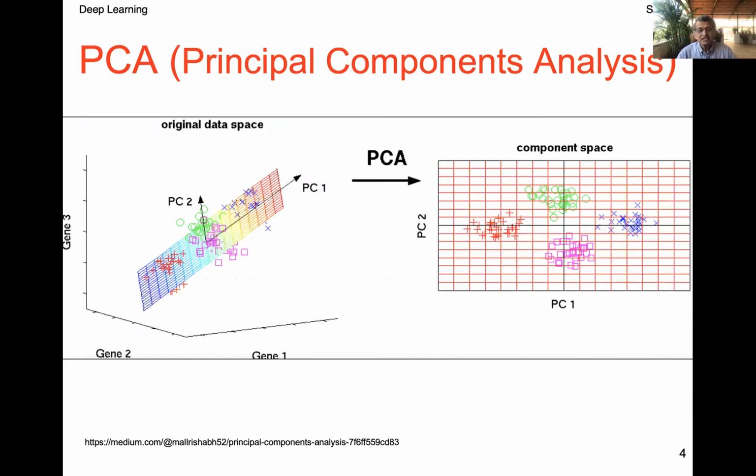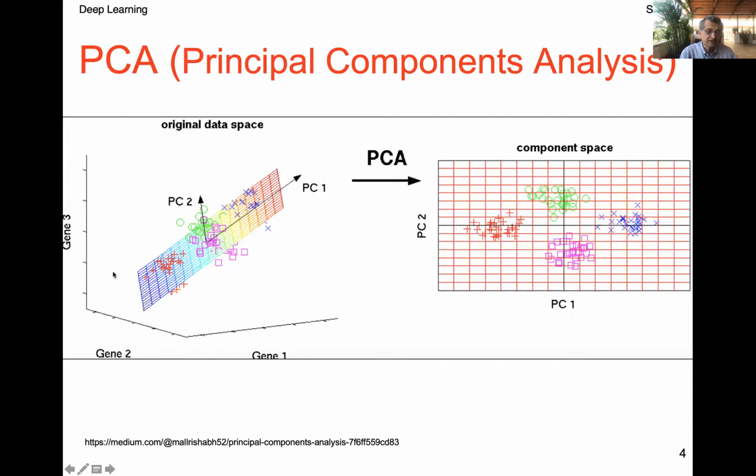So here is an example of principal components analysis. This happens to be data that comes from some area of biology, like bioinformatics. We have a 3-dimensional world on the left: gene 1, gene 2, and gene 3.